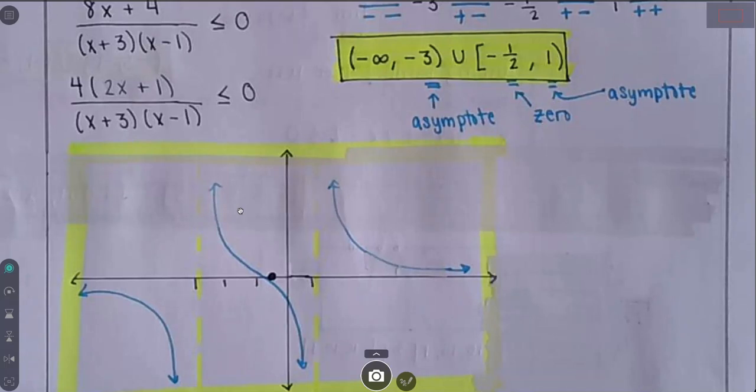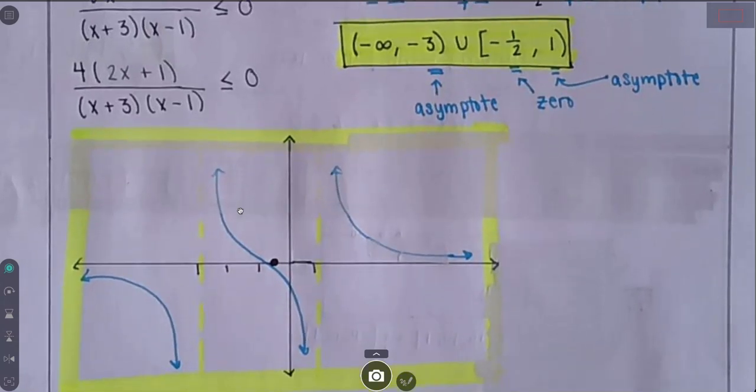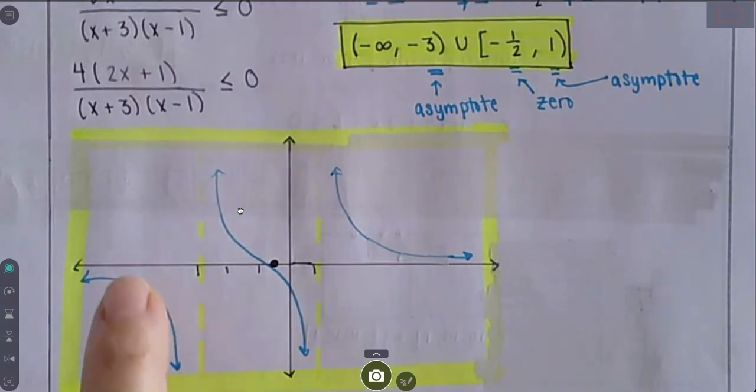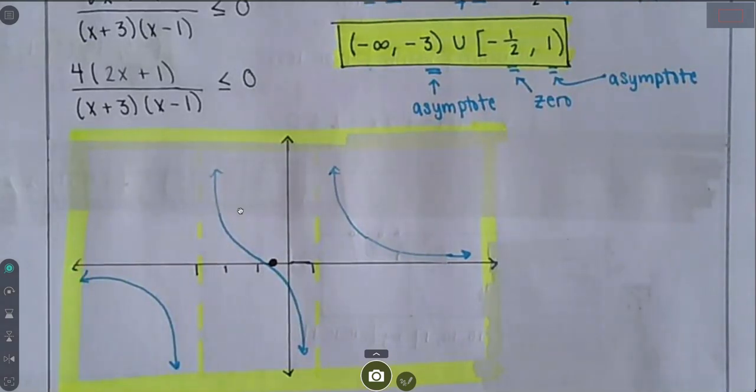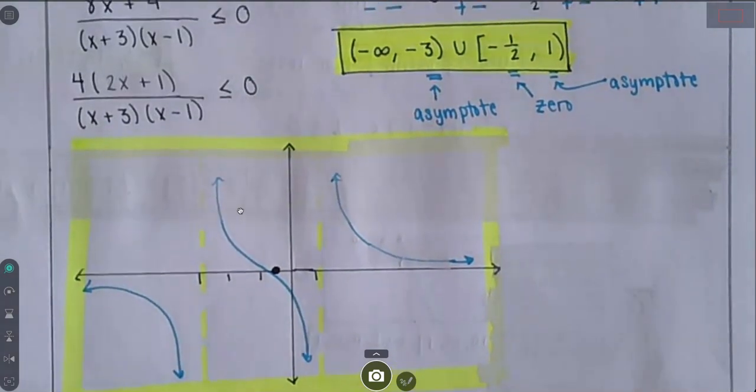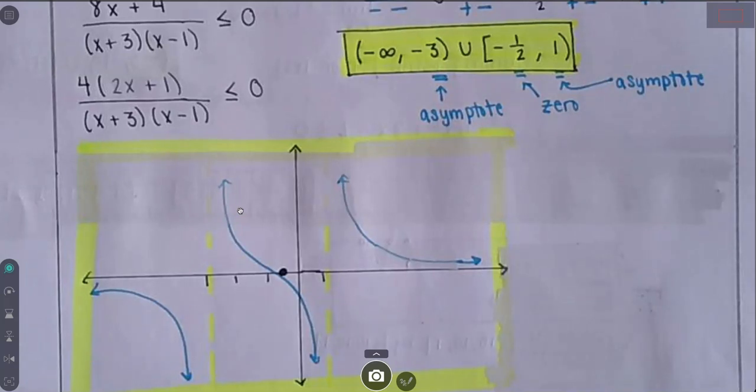Actually, you could probably graph this by hand based on the information we have. I take it back. You actually don't need a calculator to graph this because you know that there's going to be a horizontal asymptote at 0, so these are going to follow here. You know positive, negative.